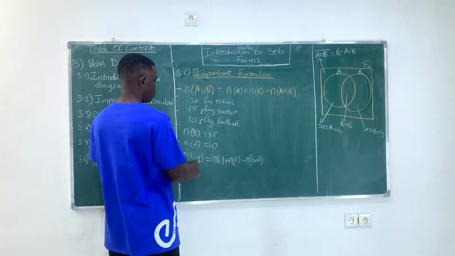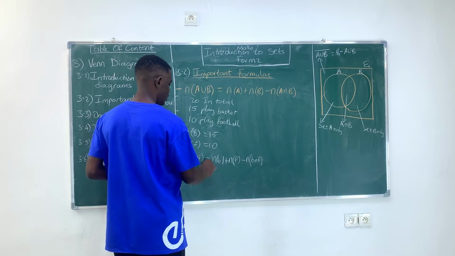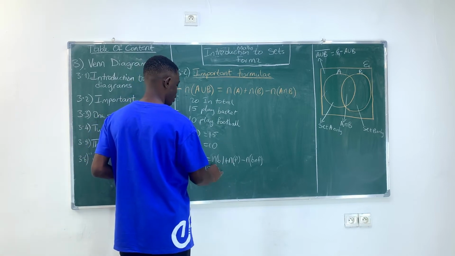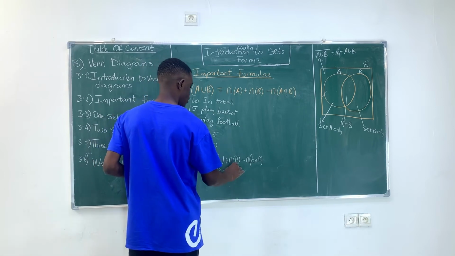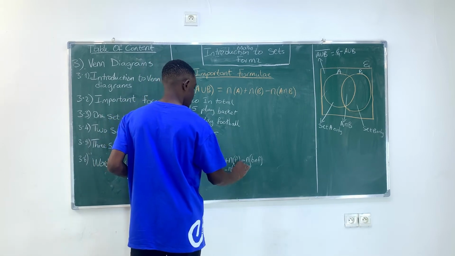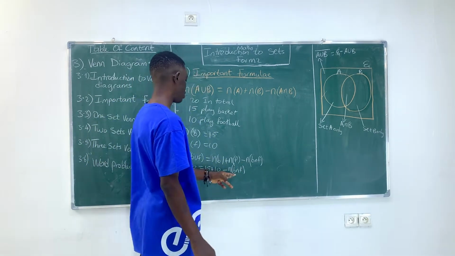How is that going to be? Number of B union F is 20. So 20 is equal to number of B, which is 15, plus number of F, 10, minus number of B intersection F. We don't know this, so to find it we make it the subject of the formula.